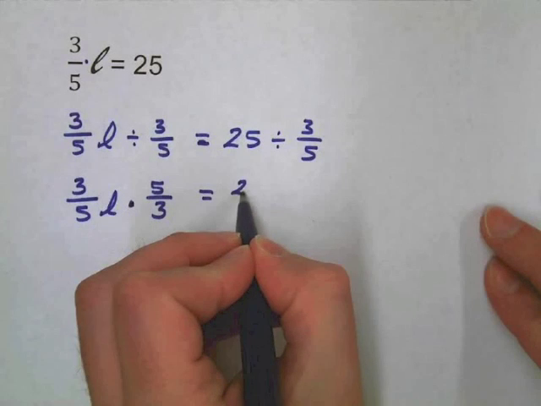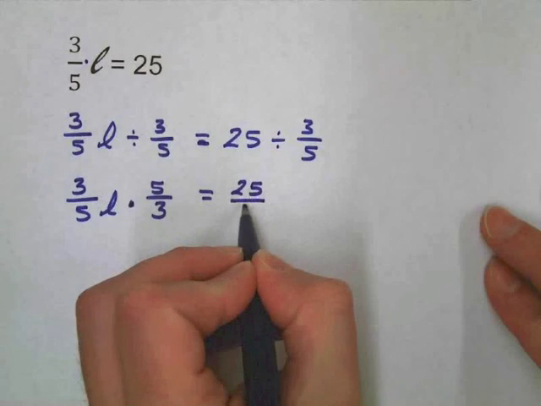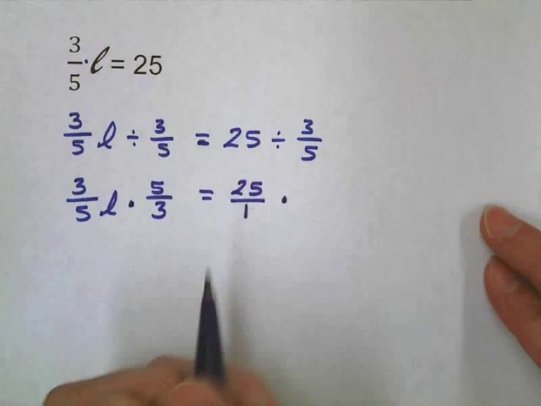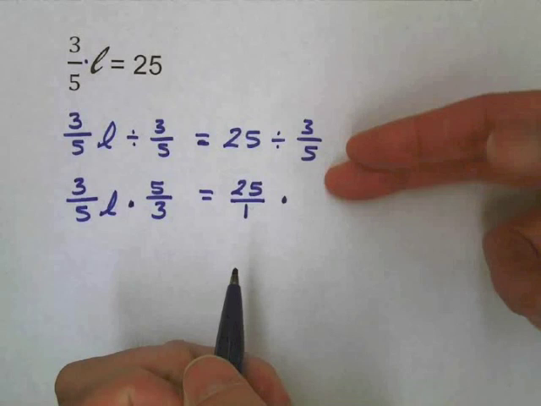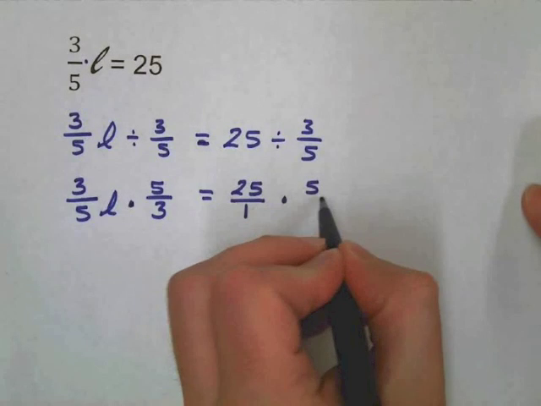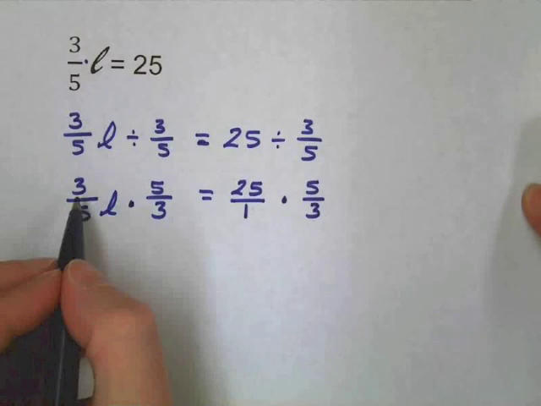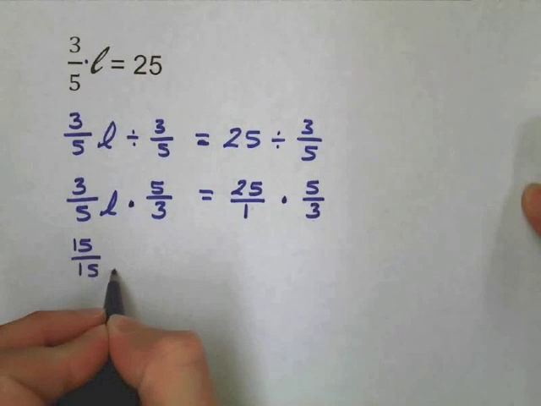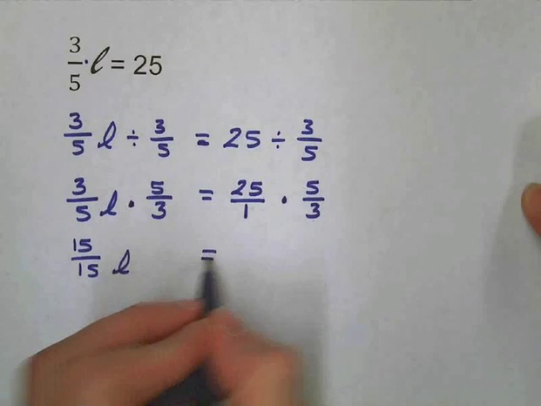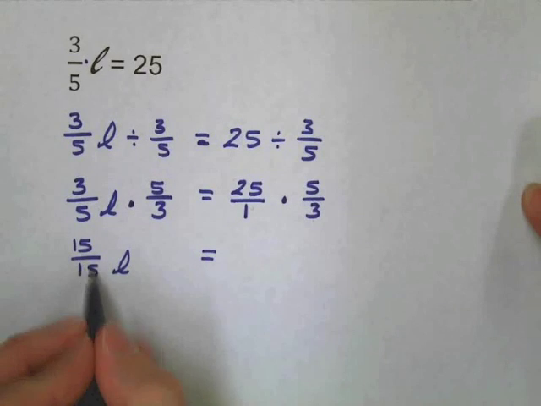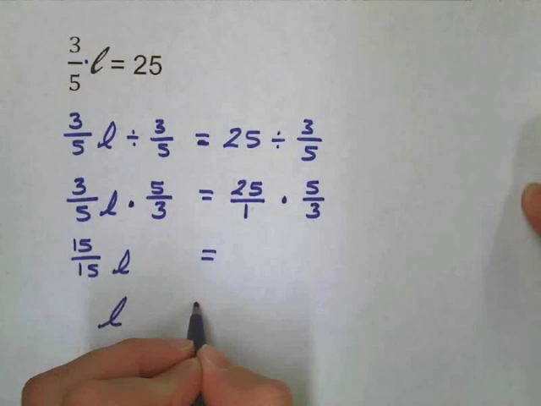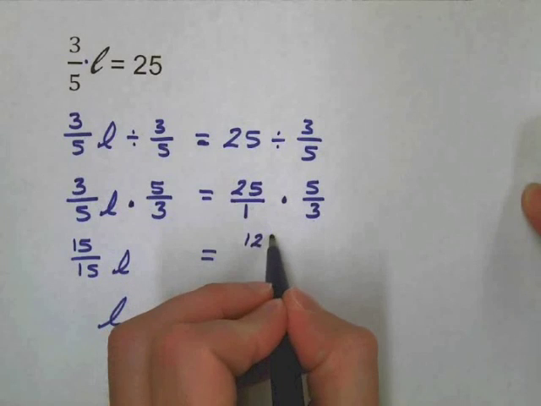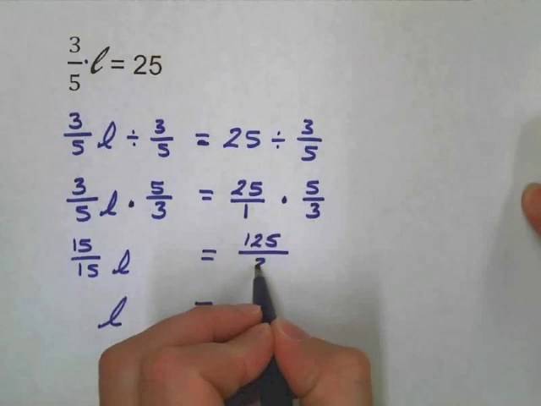On the other side, I have 25. I'm going to think of that as 25 first. I'm going to change this also to a multiplication problem, which means that I'm doing the inverse. So 5/3 here. So 3/5 times 5/3 is 15/15 times L, which is also just 1, or 1 times L is just going to be L. And 25 times 5 is 125, and 1 times 3 is 3.